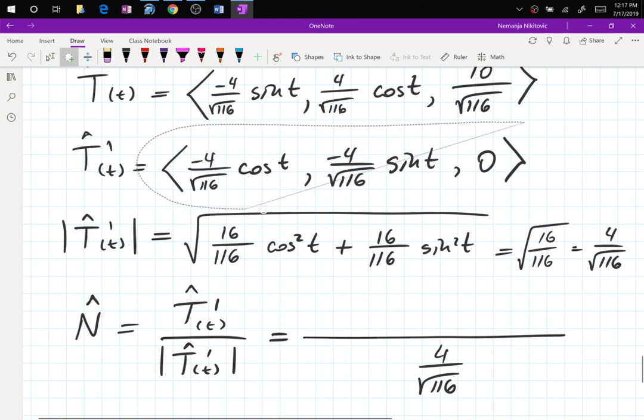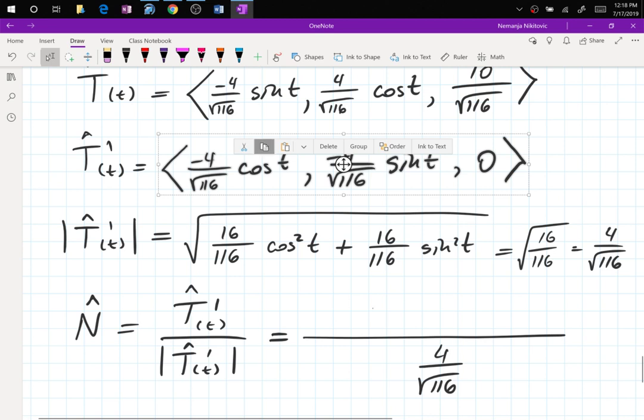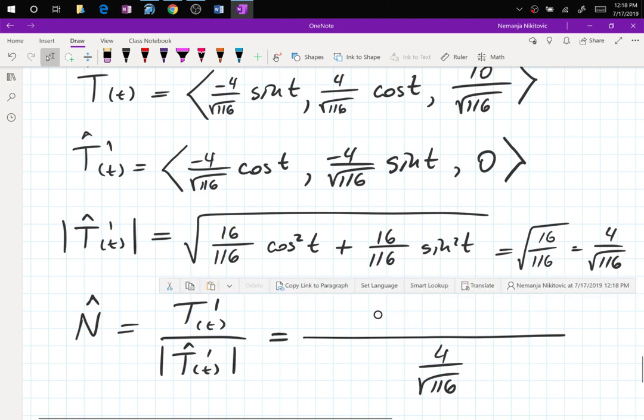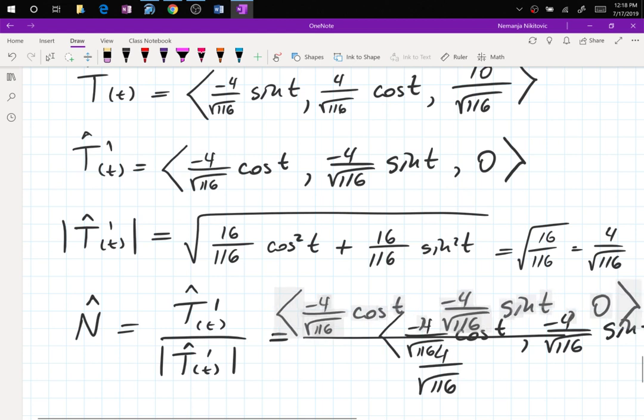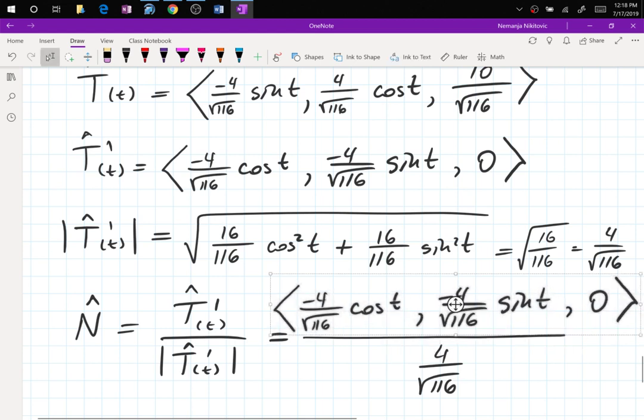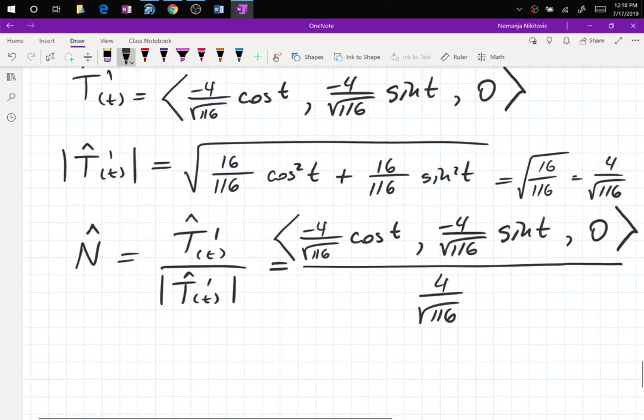Now, through the magic of copy and paste, I will add the vector where it belongs. And then we see that these 4 over root 116 cancel everywhere, giving us a beautiful normal vector of negative cosine t, negative sine t, and 0.